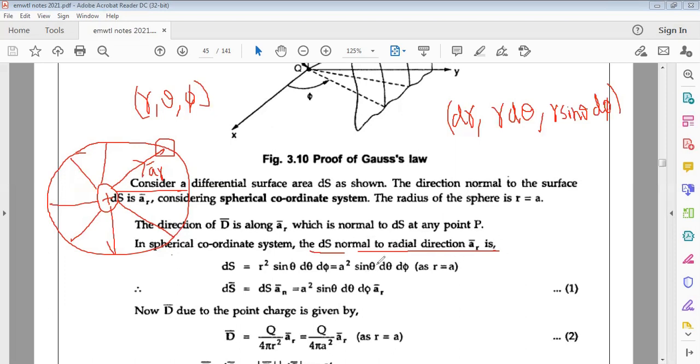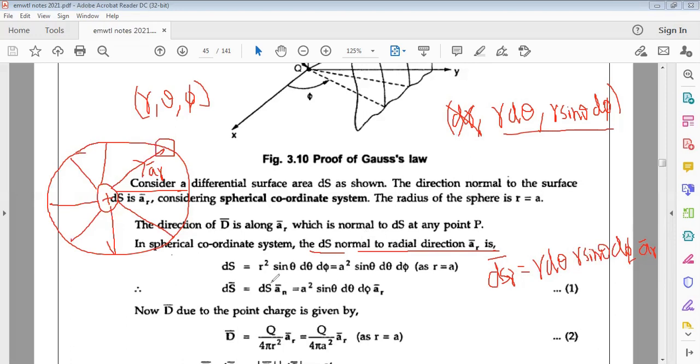So whenever there is a differential surface area ds R bar along the a R bar direction, there is no component of dr. Only the remaining components we have, that is r d theta and r sin theta d phi. R d theta and r sin theta d phi, because it is along the a R bar direction.